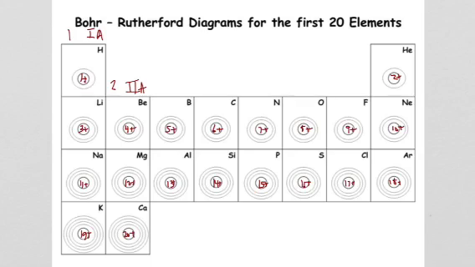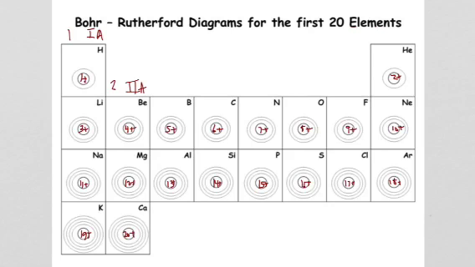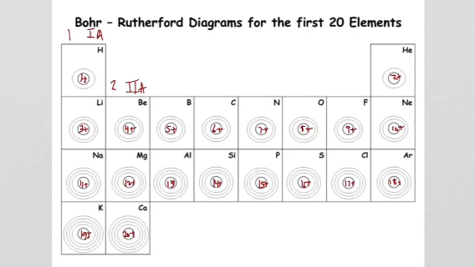Then we're going to skip all of those heavy metals. Remember, the heavy metals are down here, and we're skipping them. We jump all the way over to group 13. But this one is going to have Roman numeral 3A.